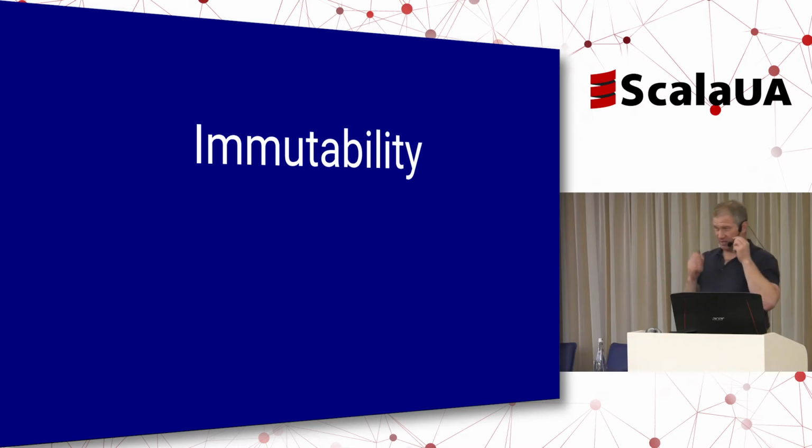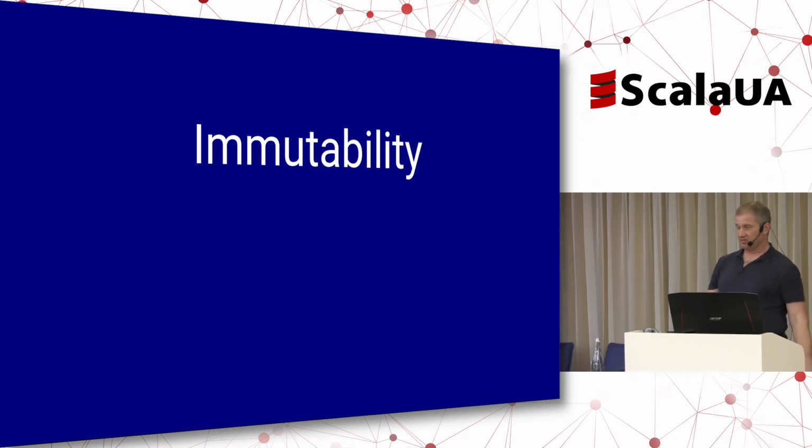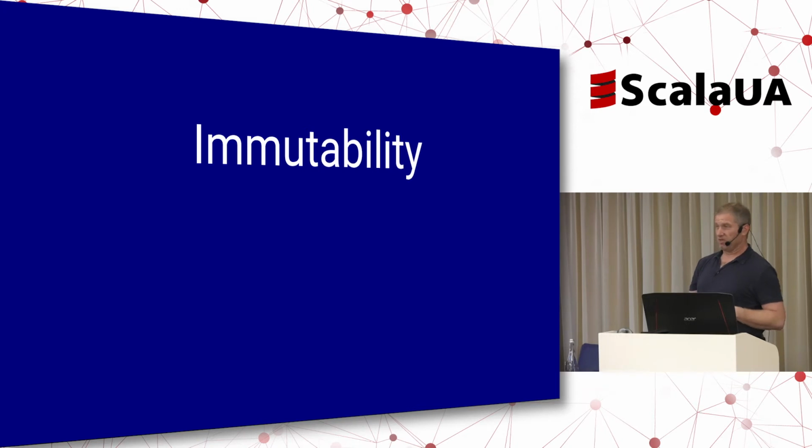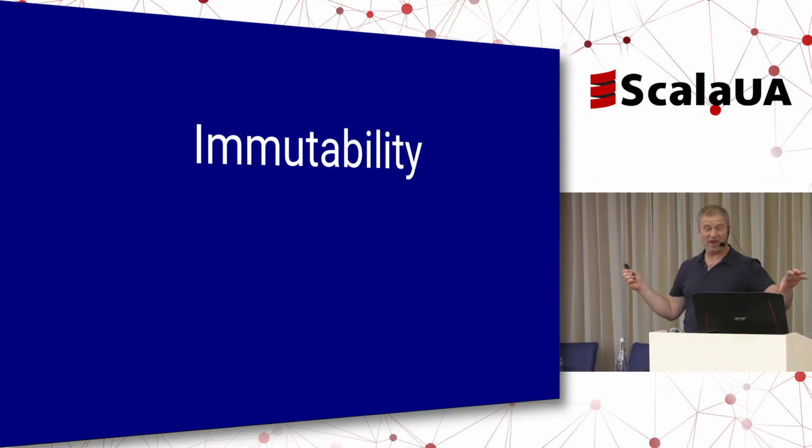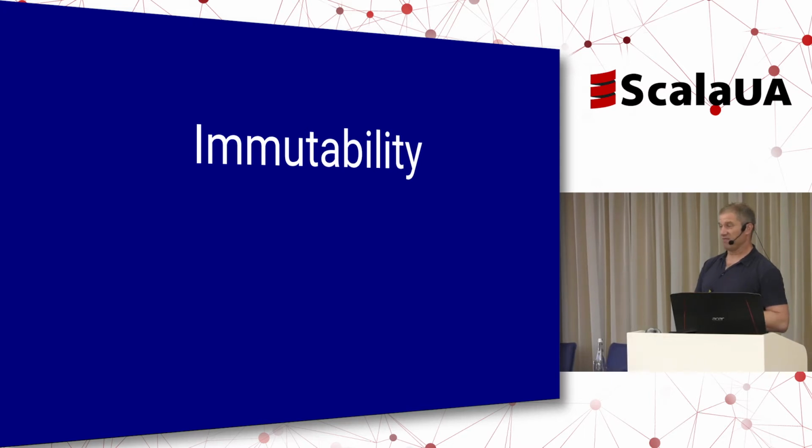No. But in the end, it is a useful tool, because things that are immutable, we can pass around as much as we want, and nothing can go wrong. Because when we pass around things that are somehow mutable, then somebody will mutate them, unless we are a very good team. And then somebody else will use it, and we get all kinds of funny effects.